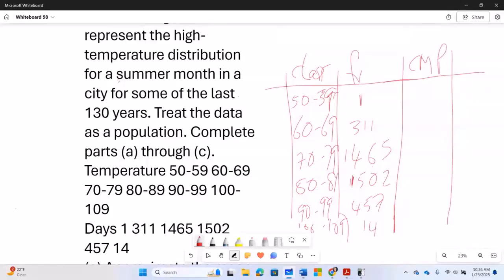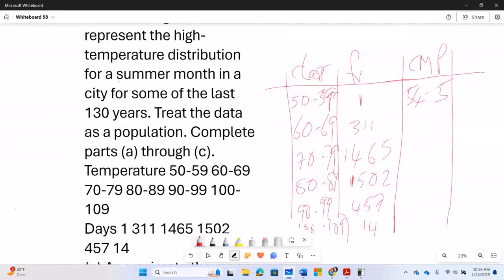The table given to me is horizontal, so I changed the classes from horizontal to vertical, and then find the class midpoint. The class midpoint is lower limit plus upper limit divided by 2. So 50 plus 59 divided by 2 is 54.5, the first class midpoint.